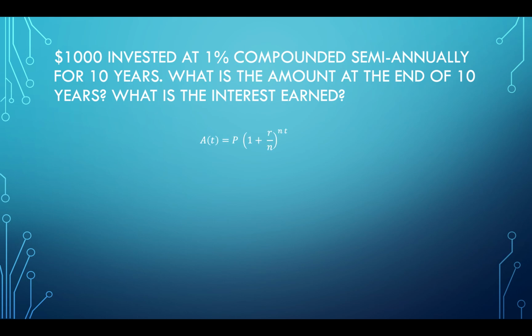Well, for that one, our formula is going to be A_T is equal to P times (1 plus r over n) to the nt. Our P, which is our principal, is equal to 1,000. Our rate is equal to 1%, and remember we have to convert that to a decimal, so it's 0.01. Our number of compounds n is 2 because it's semi-annually, and our t is 10.